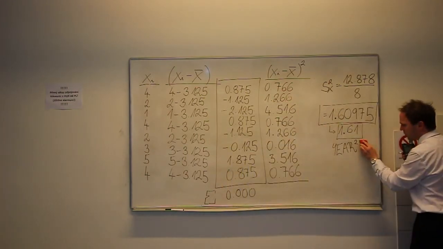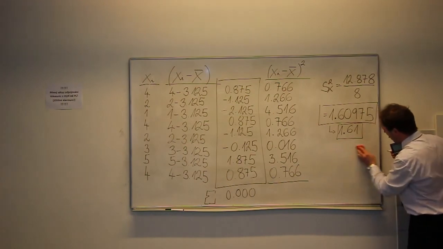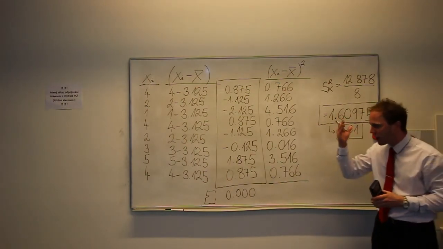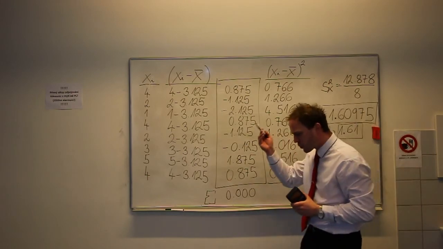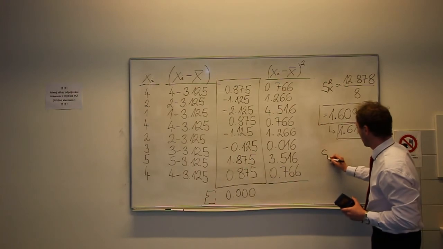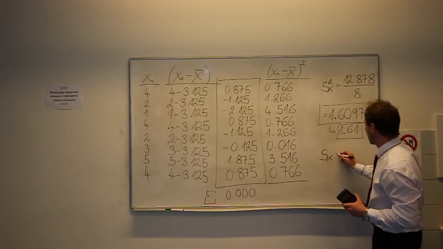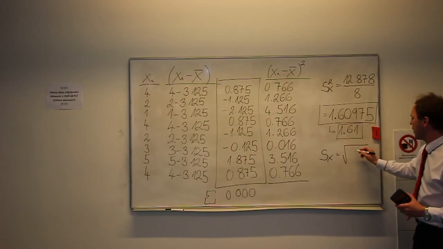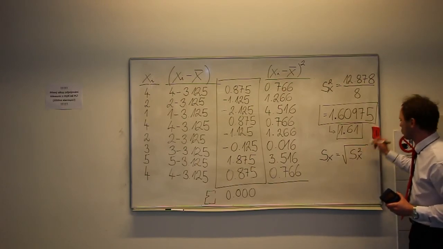So this is the reason why very often we are not able to interpret the variance, and we use the standard deviation. Standard deviation Sx is calculated as the square root of the variance.